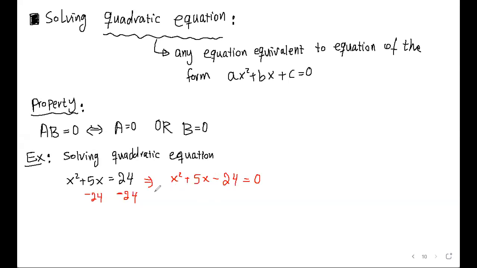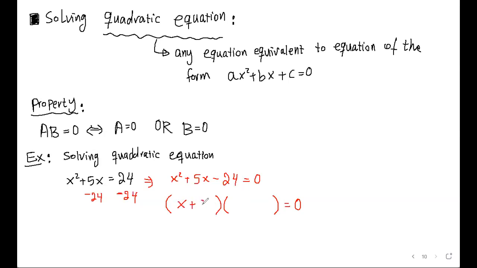Second step, after I move everything to one side, I need to factor the quadratic equation. What is the factor for the quadratic equation? Like I learned before, you open two brackets.